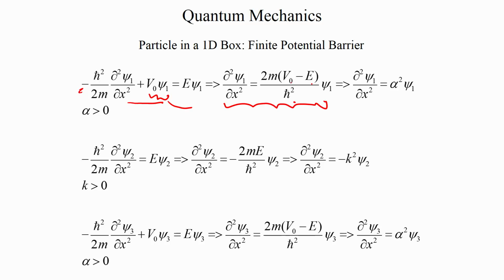And we will just call this entire term equal to alpha square. So, since my E is less than V naught, alpha is greater than 0.